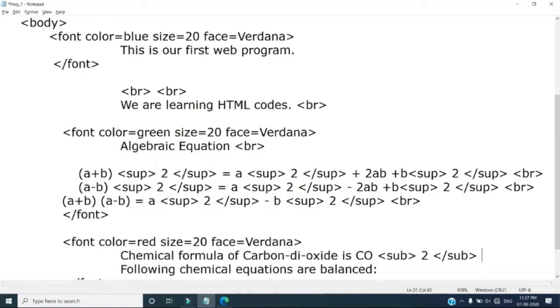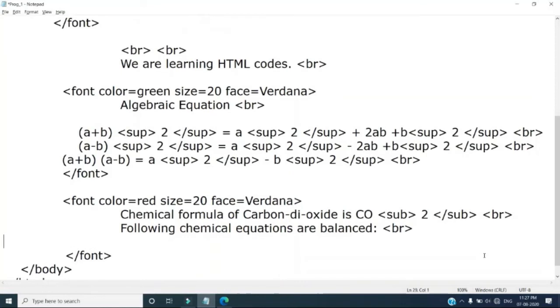Here I am giving a br. Similarly, br I am giving here, and here we will write H2.